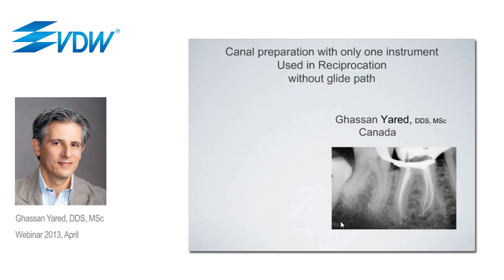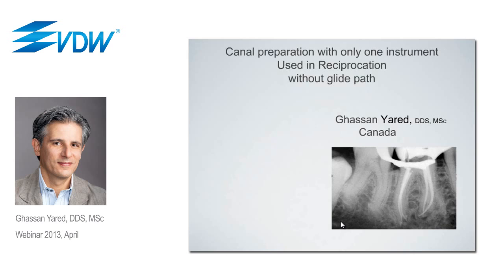Definitely, I want to define what a glide path is at this stage, just to be sure that we understand each other. A glide path is a minimum canal enlargement that is usually required before using a rotary instrument. For most rotary systems, we have to create a glide path to a size 15 or 20 hand file before using the rotary instruments.